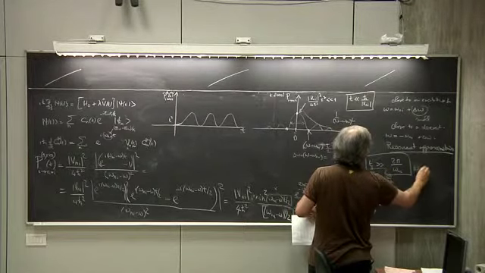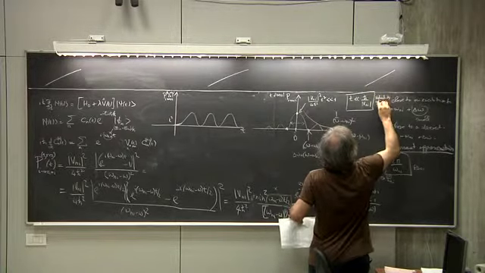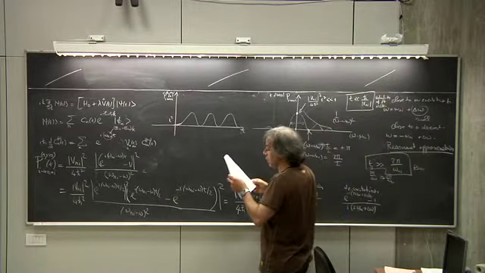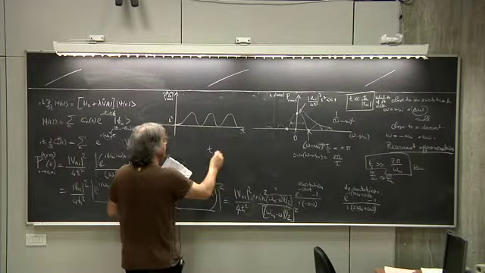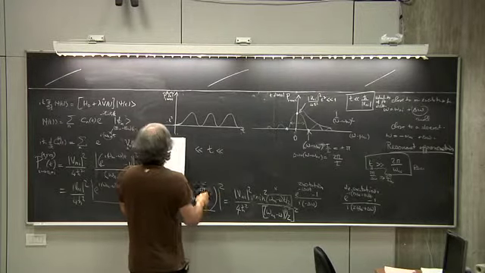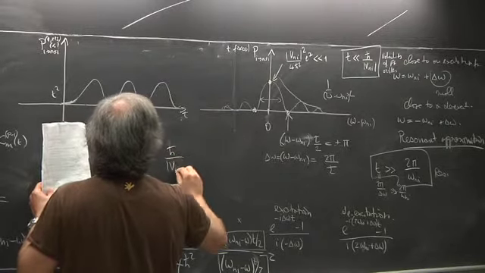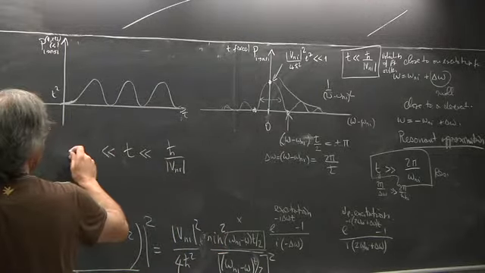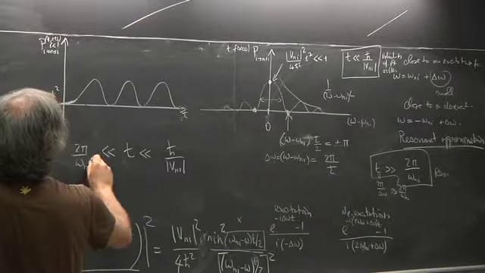This for resonance, and this for validity of first order. Okay? What does it mean? Well, put them together. It means that there must be a suitable window of t such that t can vary in a region which is much less than h bar over V ni, while still being much greater than what? 2 pi over omega ni. Okay?